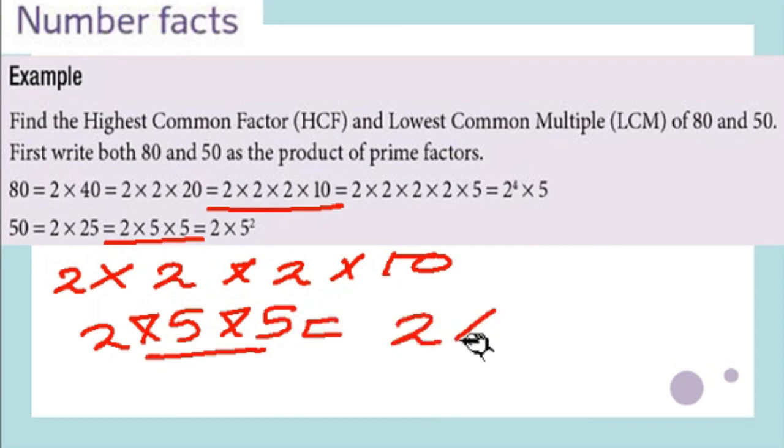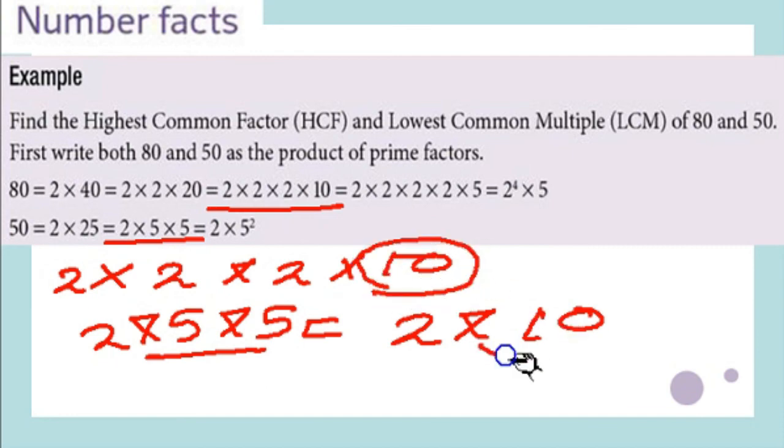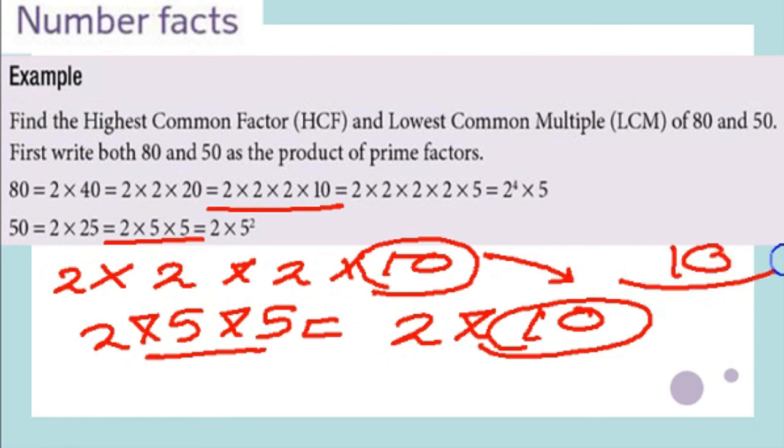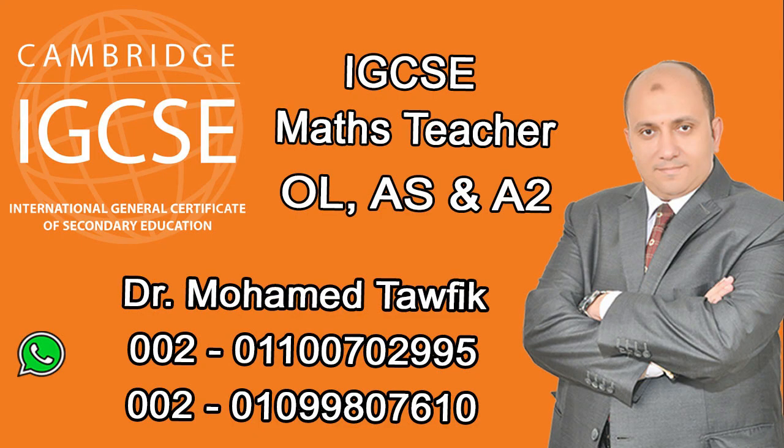So I have 2 by 10 and I have 10. So the highest common factor here, I will take the highest factor of the 80 with the highest factor of the 50, the same. So the highest common factor is 10. And the lowest common factor is 2. Okay? Yeah.